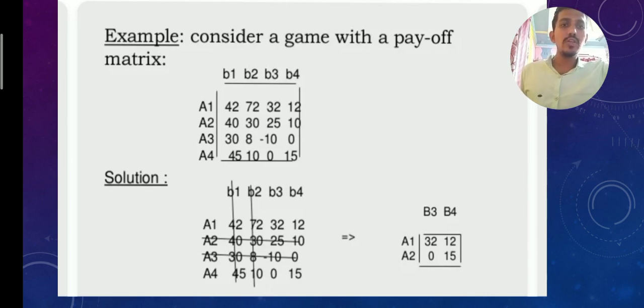Next is 0, next is minus 10. Minus 10 is the lowest value, so we cancel row a3. Then only b3 and b4 remain, with a4 as 0 and 15. We write column 1 as 32, 12, 0 and then 15.